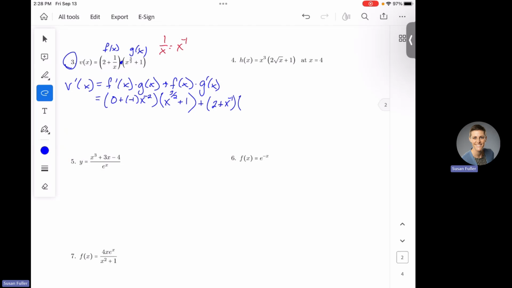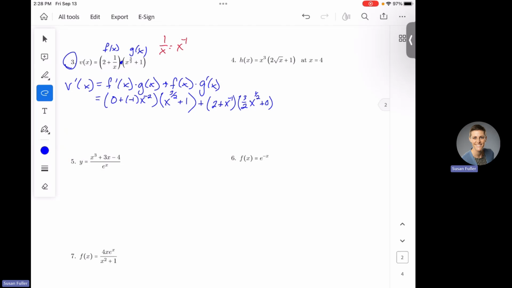And I'm going to multiply this by the derivative of the second. The derivative of g of x is going to be 3 halves times x to the 3 halves minus 1 power. That's 3 halves times x to the 1 half. And plus the derivative of 1 is 0. So now we have the product rule here.